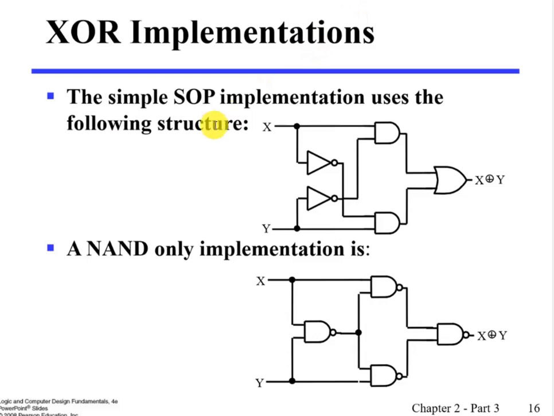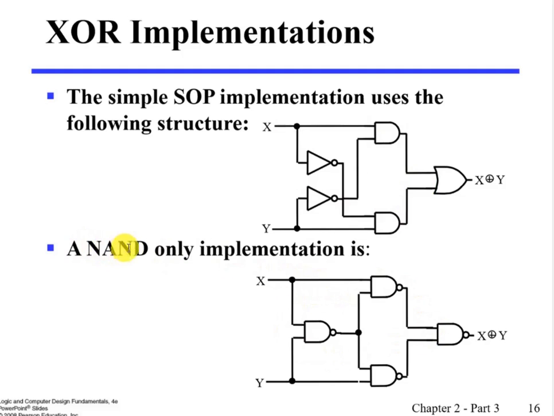Implementation of exclusive OR using sum of products has the following structure. Here we are using AND gates, an OR gate, and inverters: three different types of basic gates. If you want to use a NAND-only implementation, it will have the following structure.